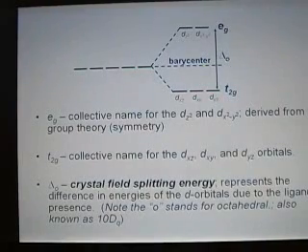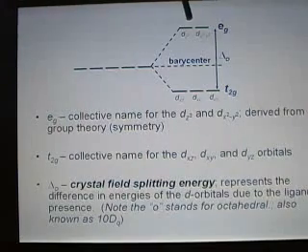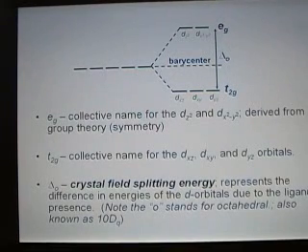Now, each of these groups of d orbitals on the metal cation has a name. The 2 orbitals that are destabilized by the ligand field are called eg. This is the collective name for the dz squared and dx squared minus y squared, and this comes from the idea of symmetry.